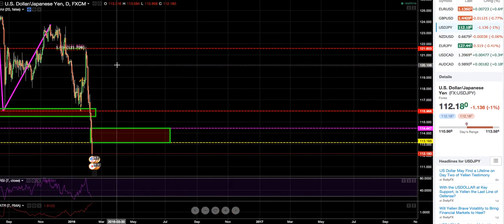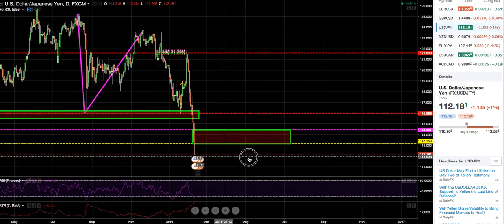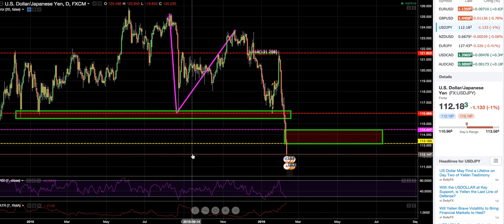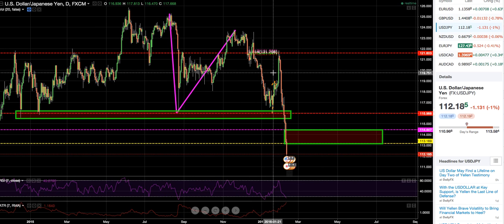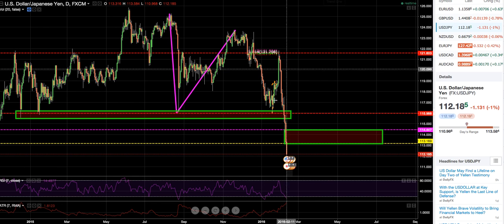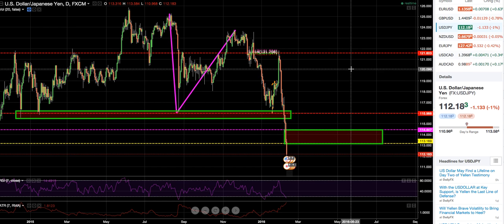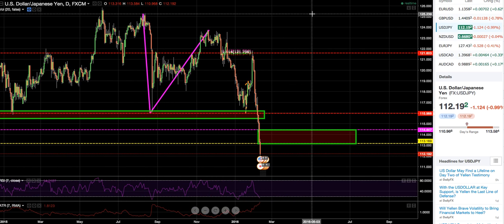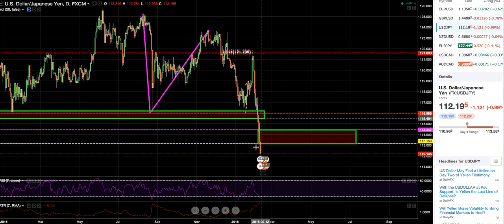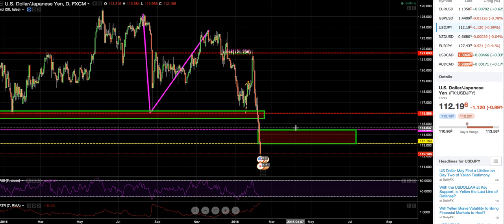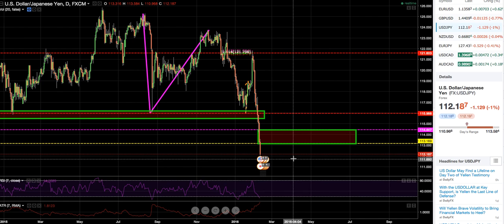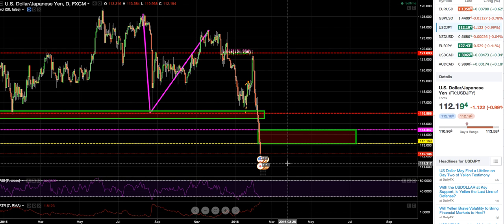On the daily, we can see that the market is just dropping, right? So when we broke this structure point, we are still waiting for, on the daily, that is, a pullback and a continuation down, right?